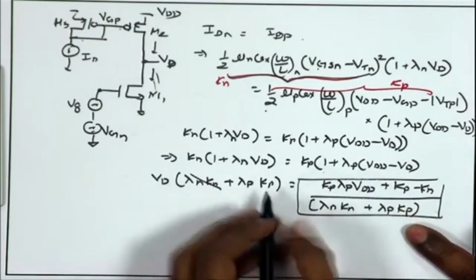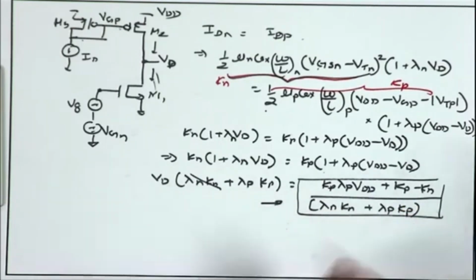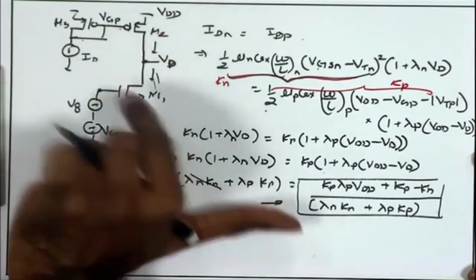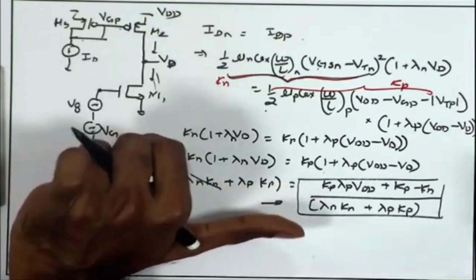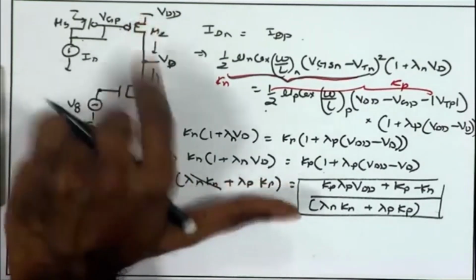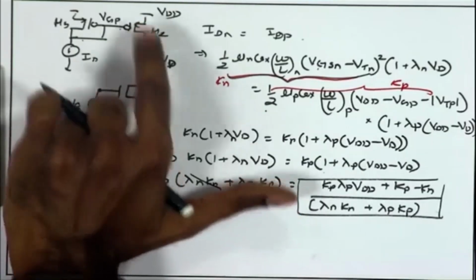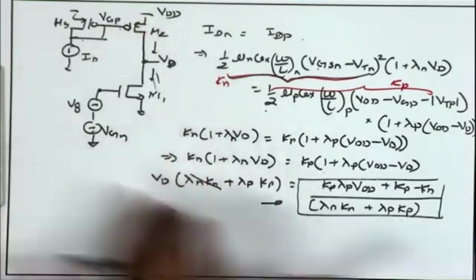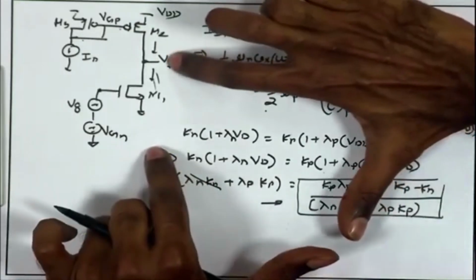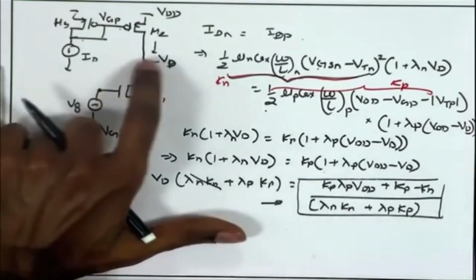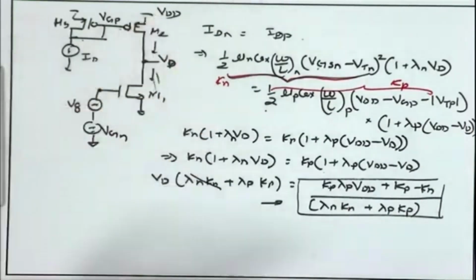So, once again, the purpose of doing this analysis is to clearly understand that Vd is going to be highly sensitive to the process parameters of M1 and M2, which can vary significantly from device to device, and we do not have much control. We do not have a very good way of specifying the ratio. It can have 20 to 30% variations, and as a result Vd can vary very significantly, because it is strongly dependent upon lambda. So, once again, we cannot ensure that M1 as well as M2 will be in saturation region.